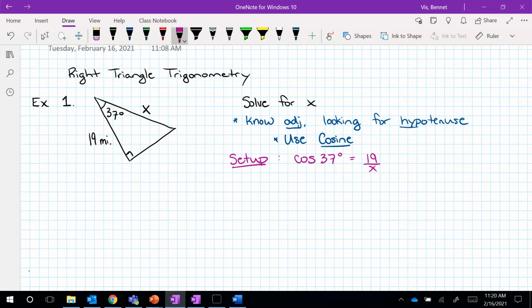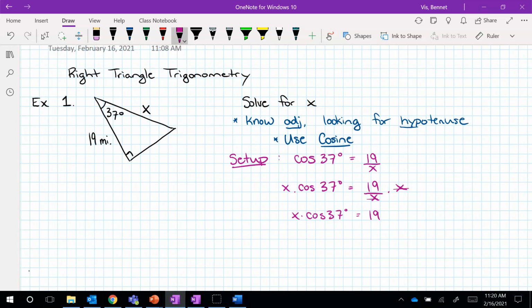So what I recommend doing is multiplying both sides by x. So we'll rewrite it again here to show fully what I'm doing. I'm going to multiply x on both sides so that it cancels there, and I'm left with x times the cosine of 37 equals 19.